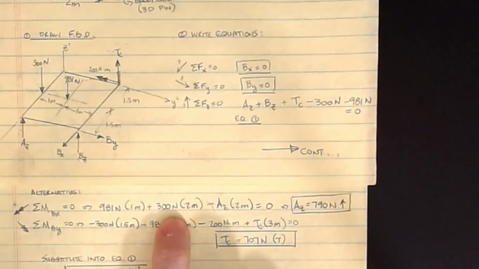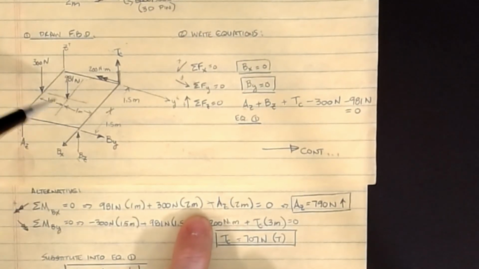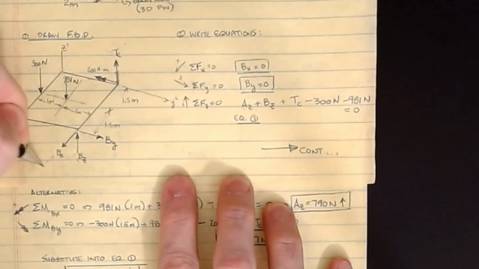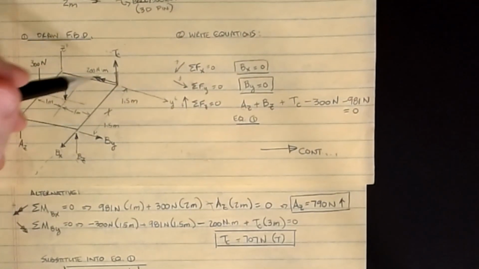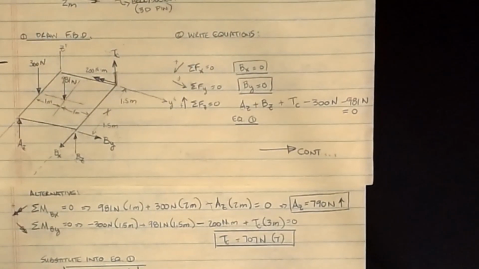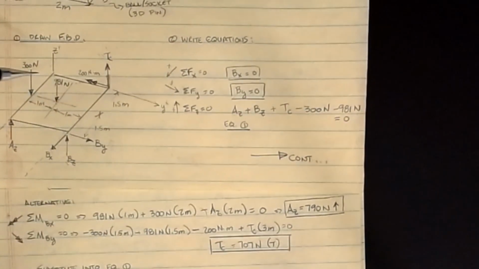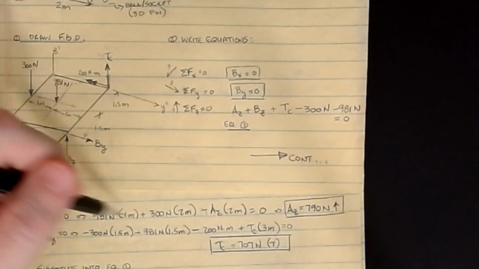And then I get 300 times 2, again positive, because it's trying to rotate this thing in that direction around an axis that is now situated here. Obviously BX, BZ, BY, and TC do not cause a moment because they're all on that axis. So that's a good point about choosing B for this problem. And then I get AZ times 2, and that would be a negative on that one. And then all of that equals 0.